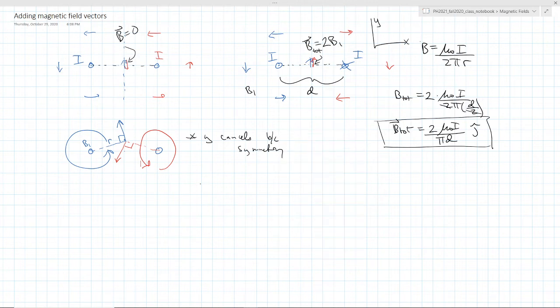It's easy enough to calculate the magnitude. You know that the magnitude of each contribution, let me just call it B1, and we'll call this one B2, would just be mu naught I over 2 pi r, if r is that hypotenuse there.